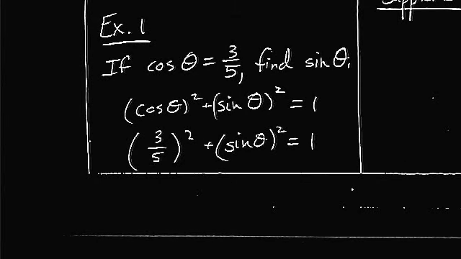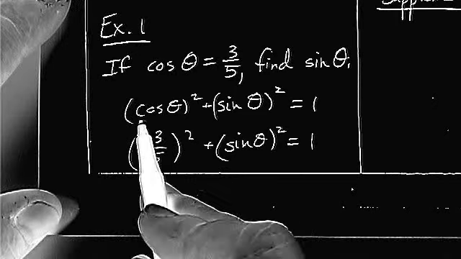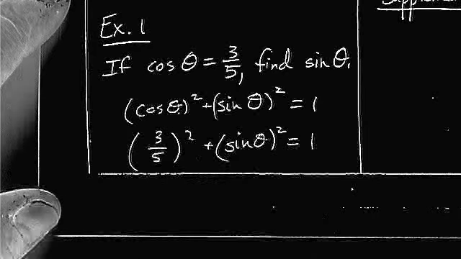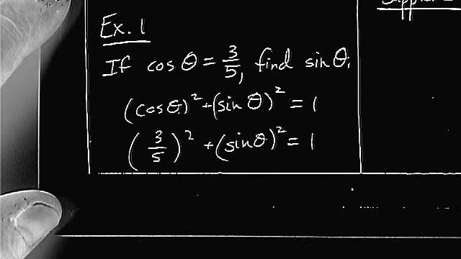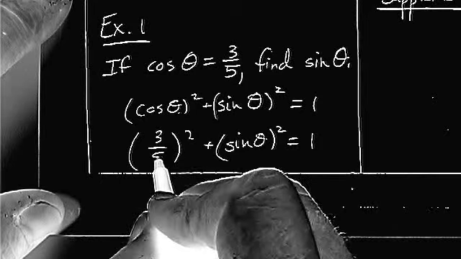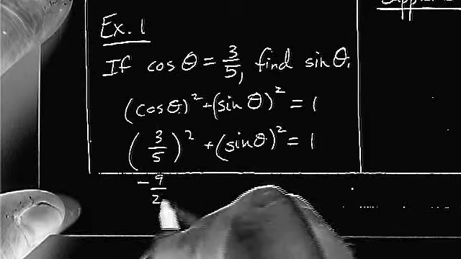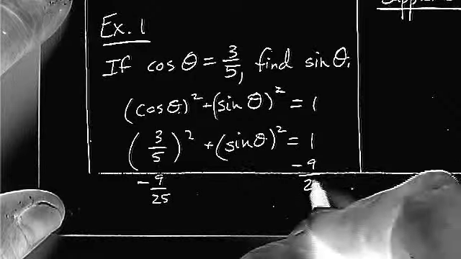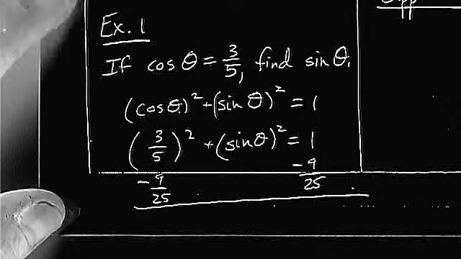Notice that I did not say theta was 3/5. I said the cosine of theta was 3/5. I see kids that make mistakes and they say cosine 3/5, and I'm like, no, that's not what we're talking about. Okay, so if I square that, that's 9 over 25, right? So I'm going to subtract 9 over 25 to the other side without a calculator.